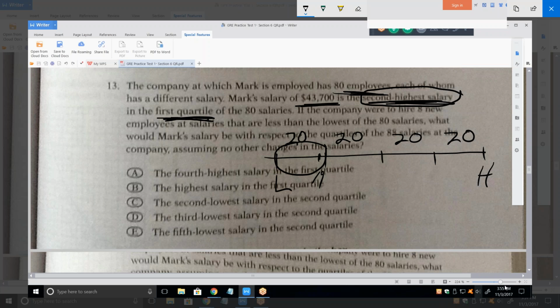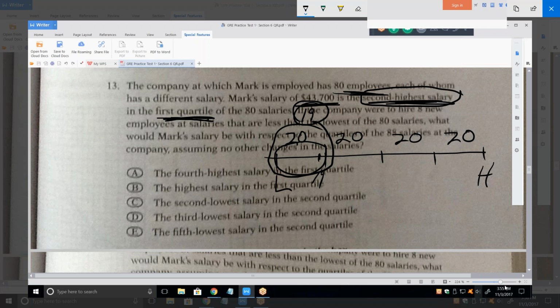So if he's the second highest, he's got to be number 19. Oh, in the first, okay, got it. There's 20 salaries in that quartile. Okay, now I understand. I was looking at the whole 80, not just within the quartile. That's important, though, because it's important to know he's the 19th in the whole company.